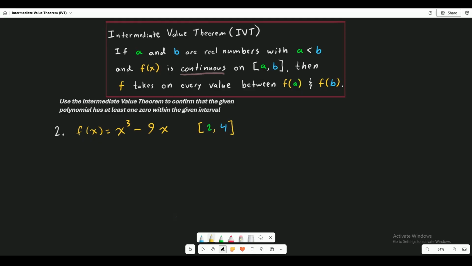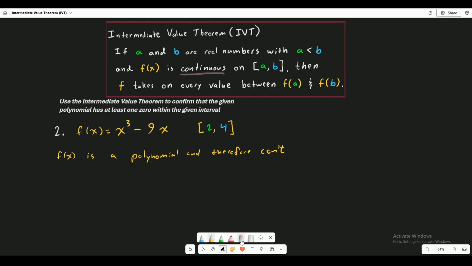All right, cool. First and foremost, f of x is a polynomial and therefore continuous.